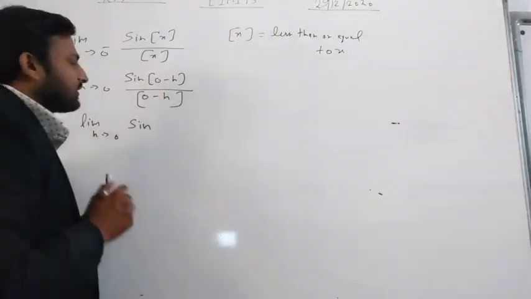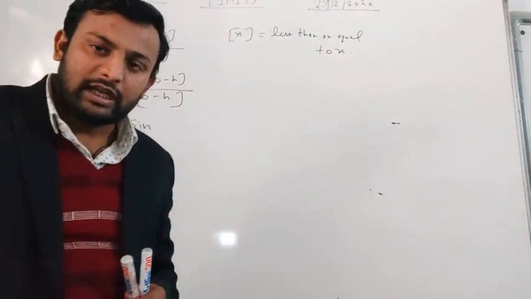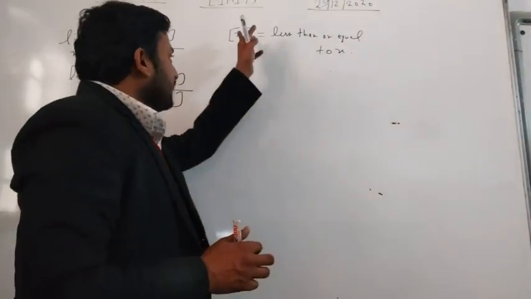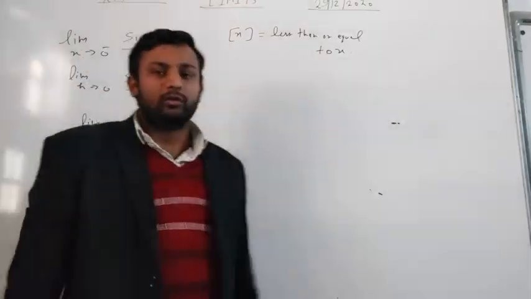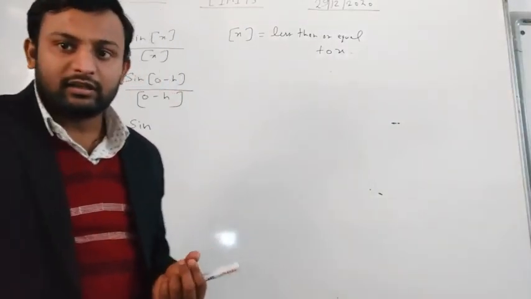When we subtract 0 minus 0.1, the greatest integer is less than or equal to x, so it will be an integer.